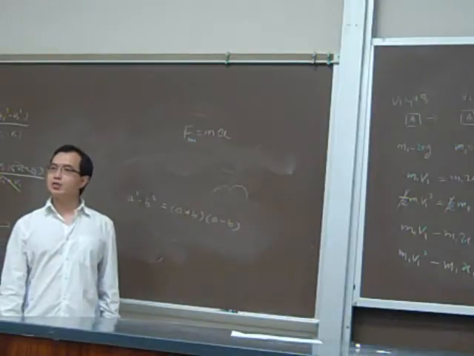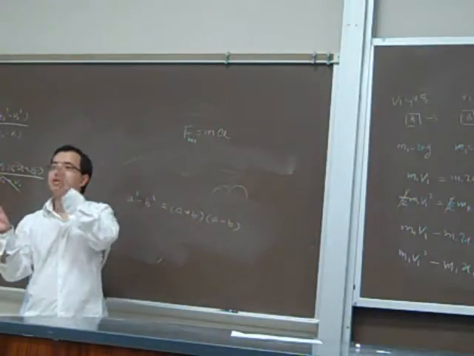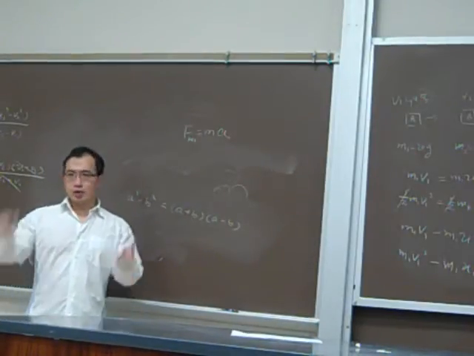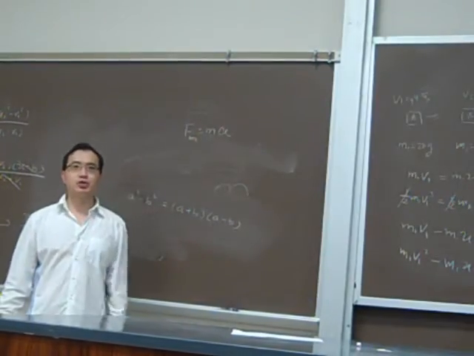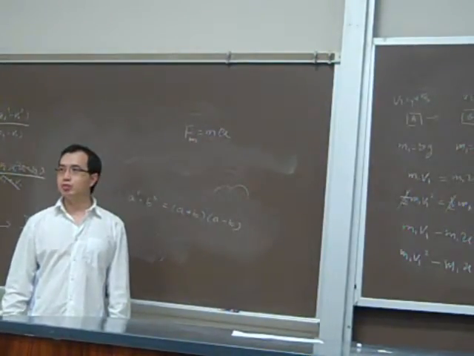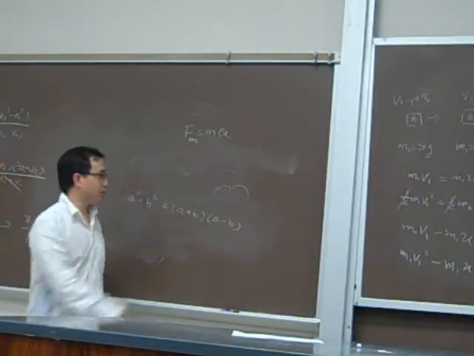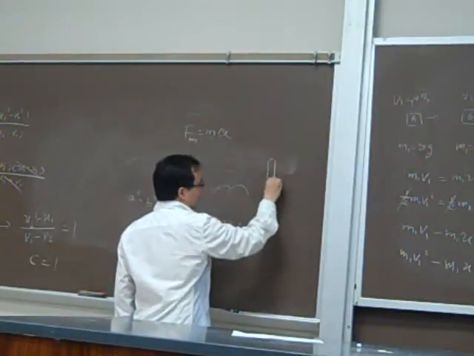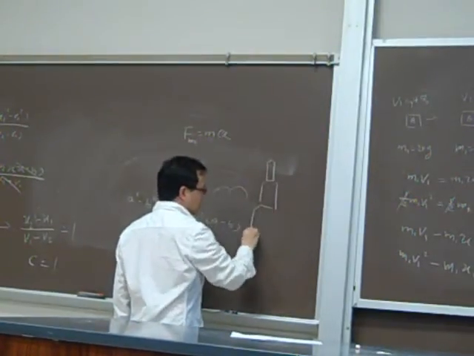And sometimes, because rockets have several different parts, they will keep dropping the back part to acquire larger velocity. You know that usually there are three parts.